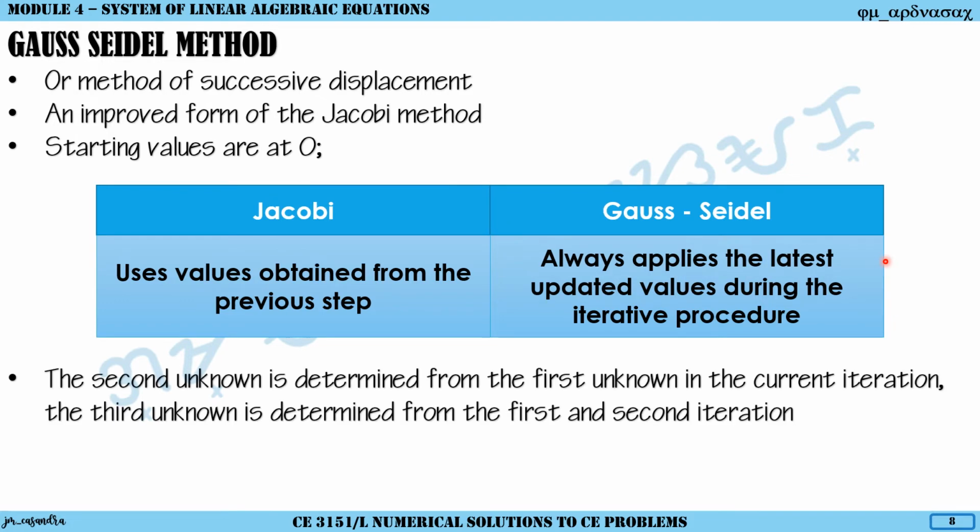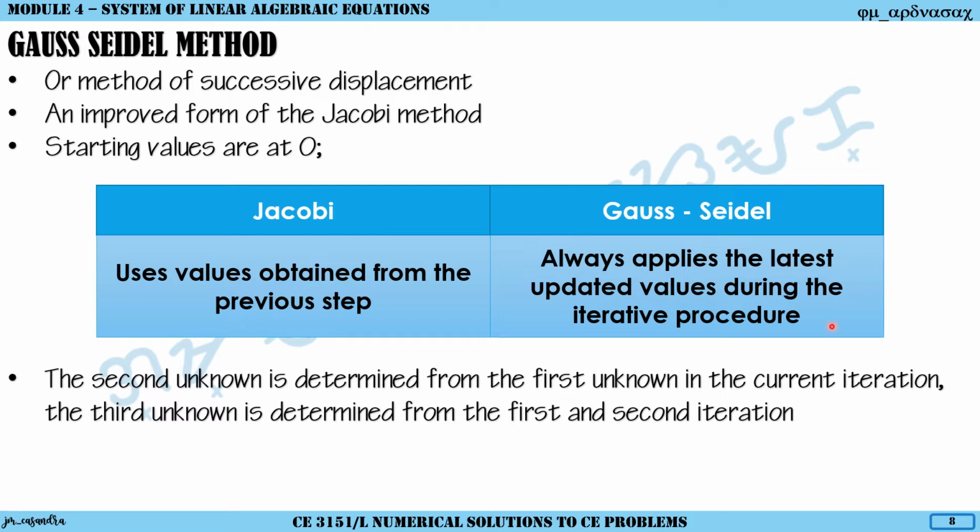So for the Gauss-Seidel method, the second unknown is determined from the first unknown in your current iteration, and the third unknown is determined from the first and second. And then, for the next iteration, yung sumunod na dalawa, yung dalawa ulit ang gagamitin natin for the iteration.